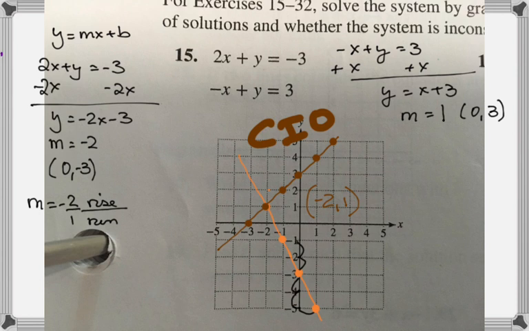Independent, inconsistent. Without looking down, what's consistent? Consistent, dependent. Yes. We're doing the math. What's consistent?